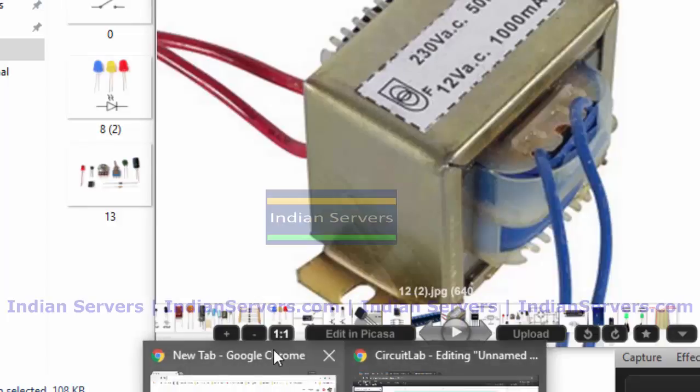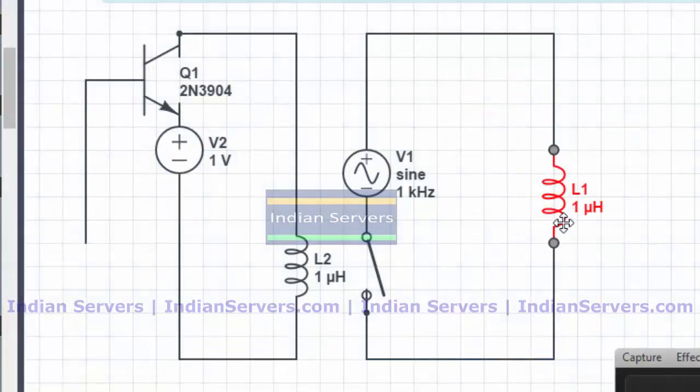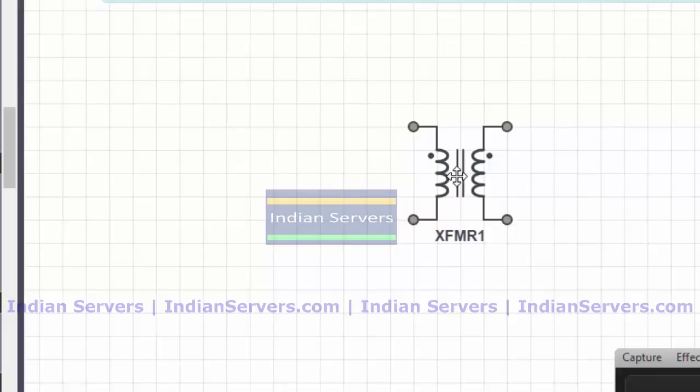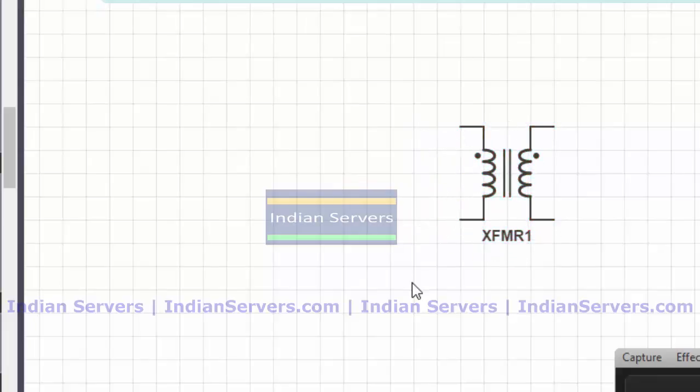One is primary and another one is secondary. So this is the symbol of a transformer, where the power is transformed from the first coil, that is the primary coil, to the secondary coil.